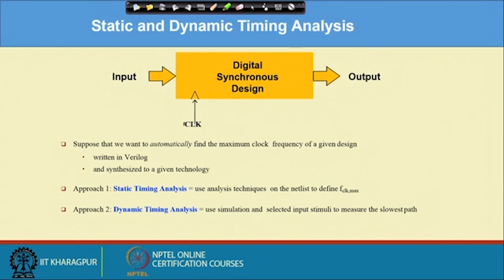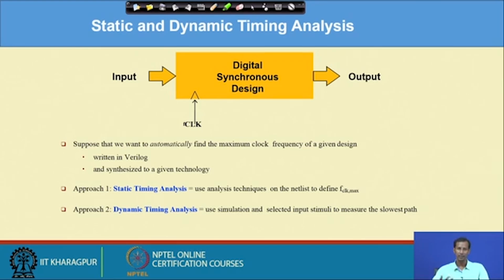So if from the beginning we provide some input combinations to the design and then do the timing analysis, the probability of that failure becomes reduced, and my intention is to reduce that probability of failure. Okay. So that is why we do this dynamic timing analysis.